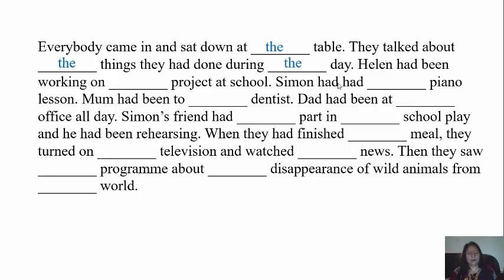Helen had been working on a project at school. Simon had had a piano lesson. Mum had been to the dentist, because this is a particular dentist she goes to. Dad had been at the office all day. The office is also fixed. Simon's friend had a part in the school play, because the school play is a particular play. The school play, and he had been rehearsing.